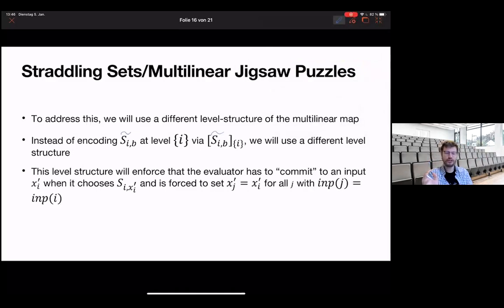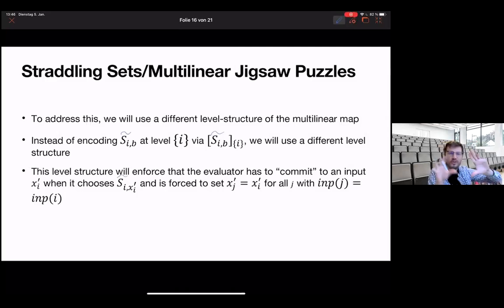This level structure will enforce that the evaluator has to commit to an input xi' when it chooses the matrix S tilde_{i,xi'}.